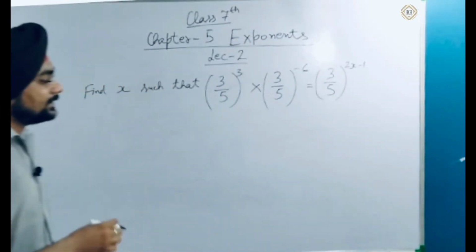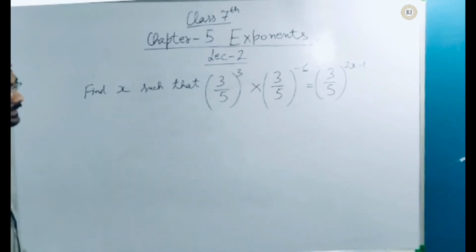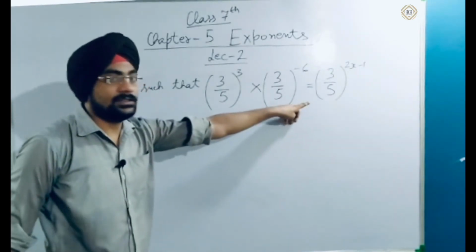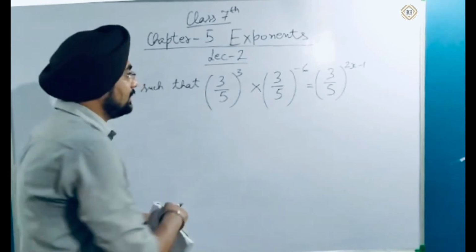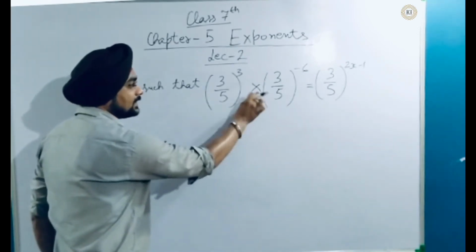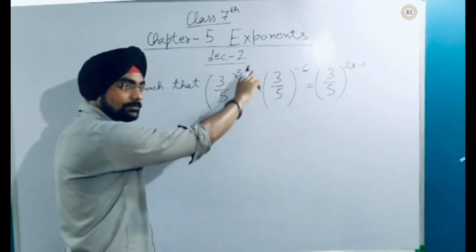Now you can see that in this question all the bases are (3/5), the same. On the left hand side, the case is of multiplication, so powers are added.